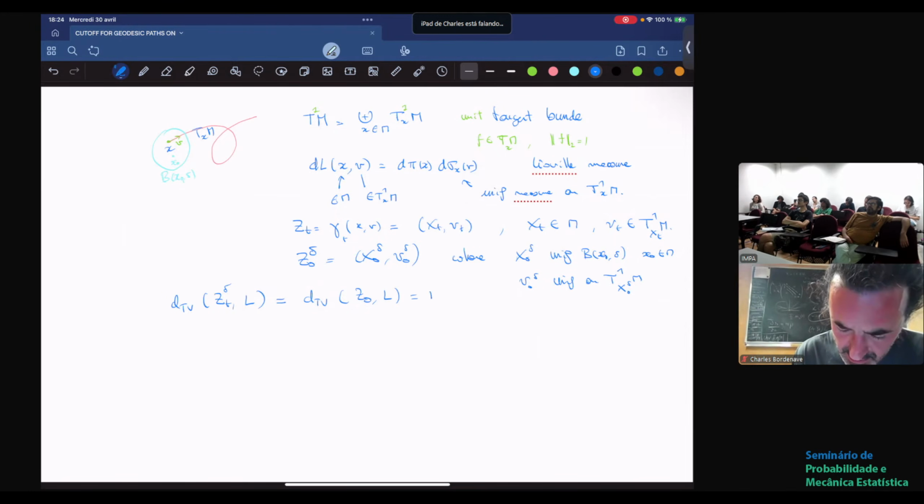So this is essentially 1 minus the volume of the ball of radius delta around x0. So there is no cutoff here. So you have to observe some cutoff, you have to remove some information.